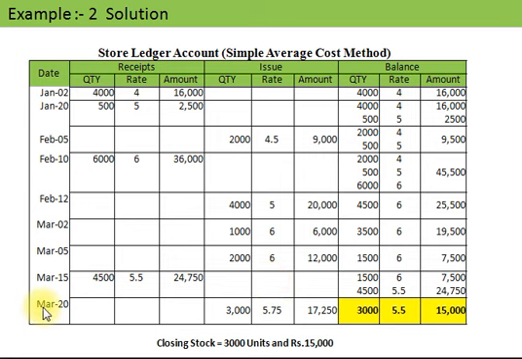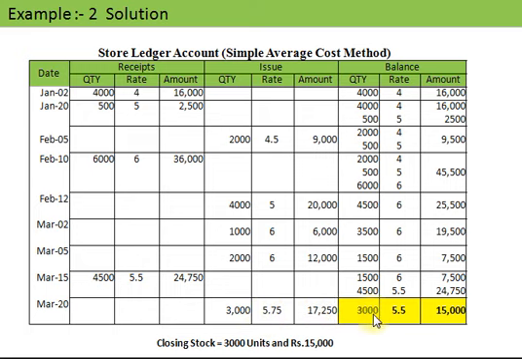Now on 20th March there is an issue of 3000 units, and for issue of units, dear students, we will use the FIFO method and rate will be decided by using simple average. So these 3000 units will be first 1500 plus the remaining 1500 from 4500, total 3000, and our rate will be 6 plus 5.5 divided by 2, it will be 5.75, and total amount 17,250.